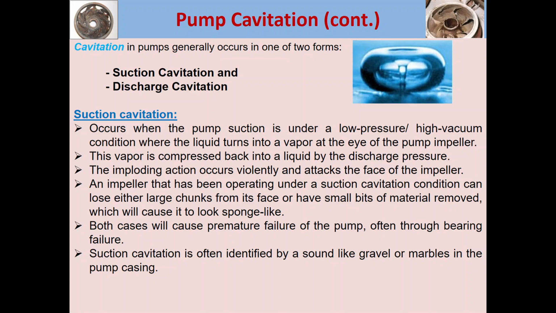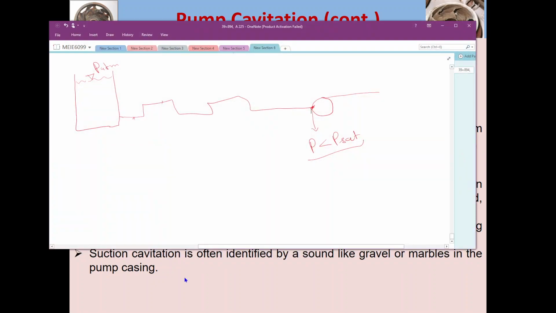It may be due to excessive pressure losses in the suction line. One reason is that there is excessive pressure drop in the suction line. The other reason is that the pressure in the tank is very low, for example the water level in the tank is not very high, because whatever the water level rise in the tank contributes to the pressure here.